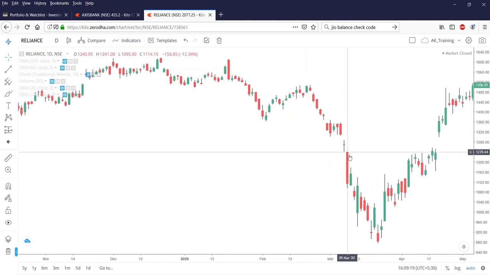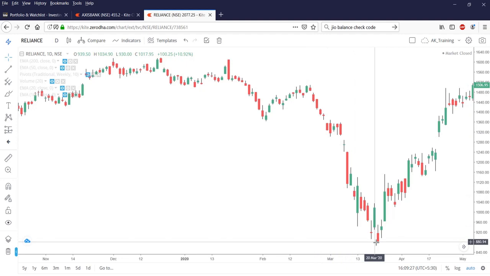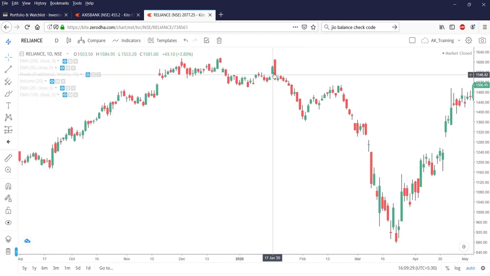After this candle, you see the price falls down and again tries to move up, but finally it falls down. So this Marubozu gives us a warning that we can get out of this stock depending on our investment horizon.